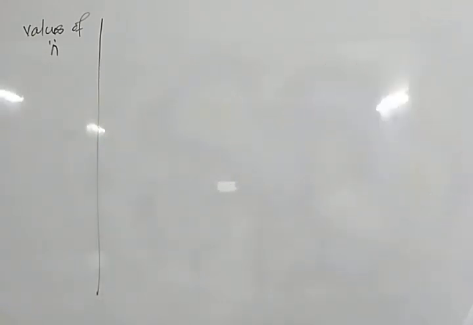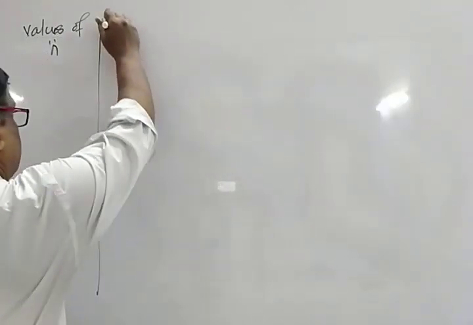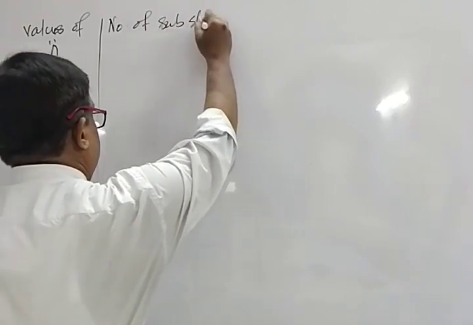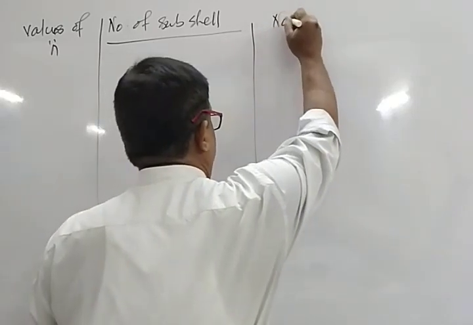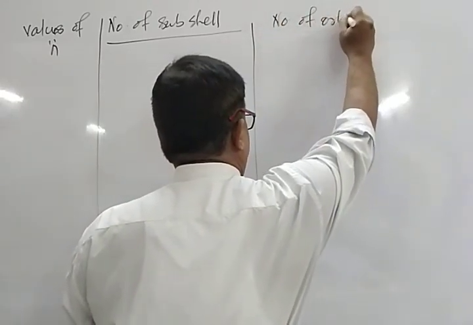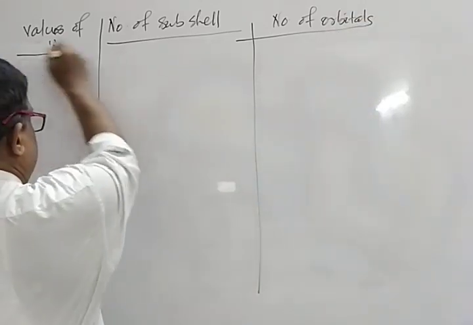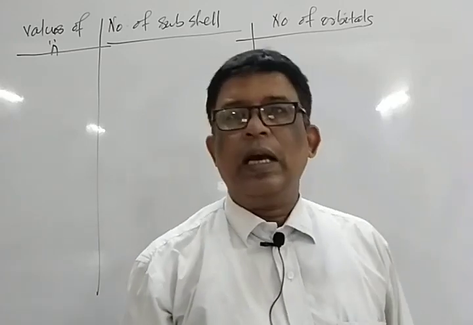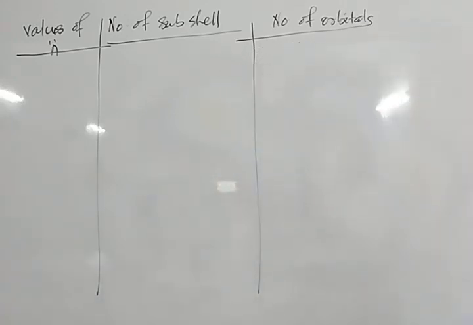Next, we move to the number of subcells. Next, number of orbitals. Mark that. Values of n, that is principal quantum number, number of cell. Next, number of subcells, and last one is number of orbitals.